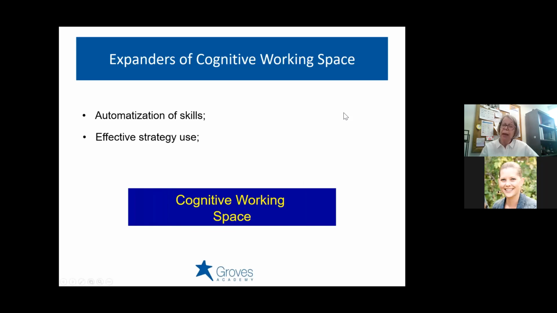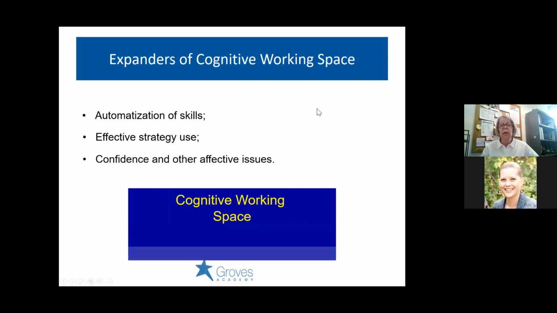If you use strategies for writing, you have a strategy to guide you in planning and organization. That helps take away some of the difficulties that you might have that are due to executive function. And if you have confidence that eventually you will get through this, then that is another thing that will expand it.